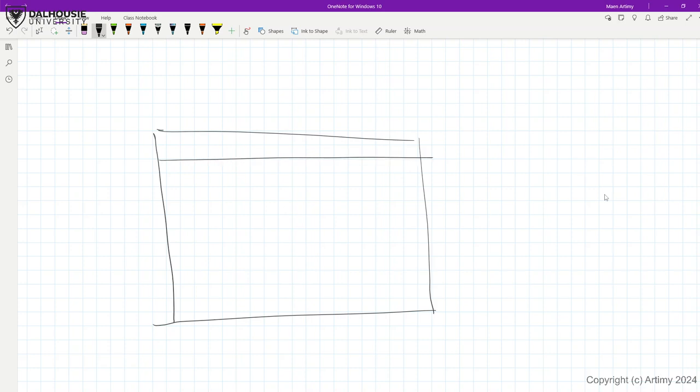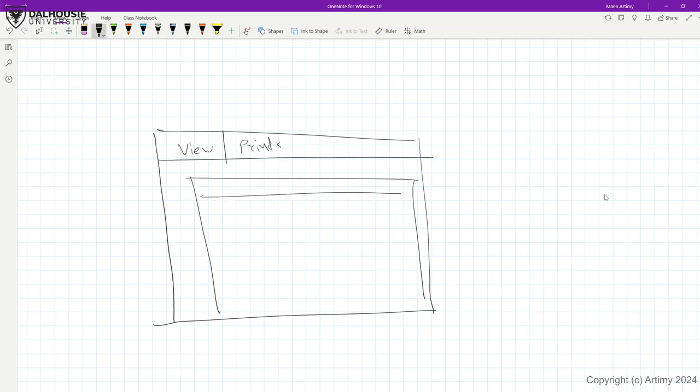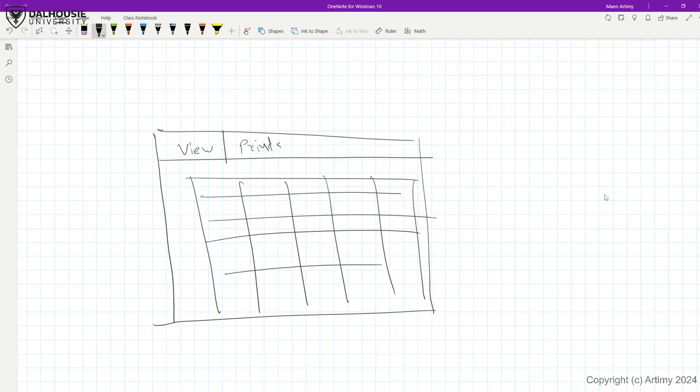So maybe a regular accounting person will see something like view, print, something like that. So they click on view, they see a database of employees with their information. But that's it.